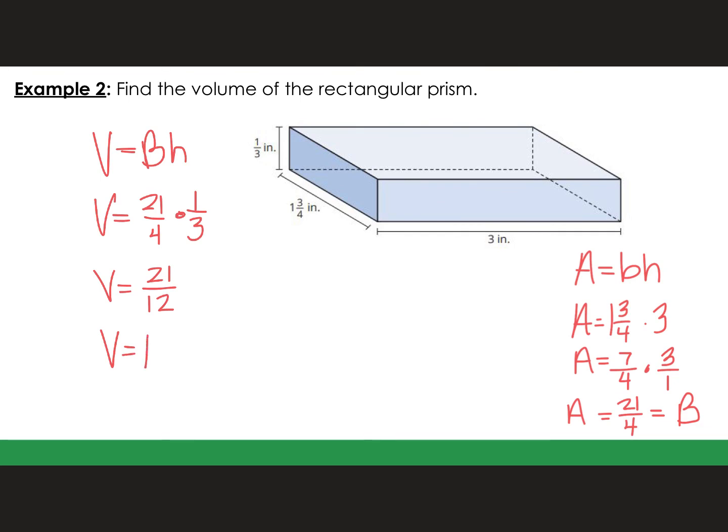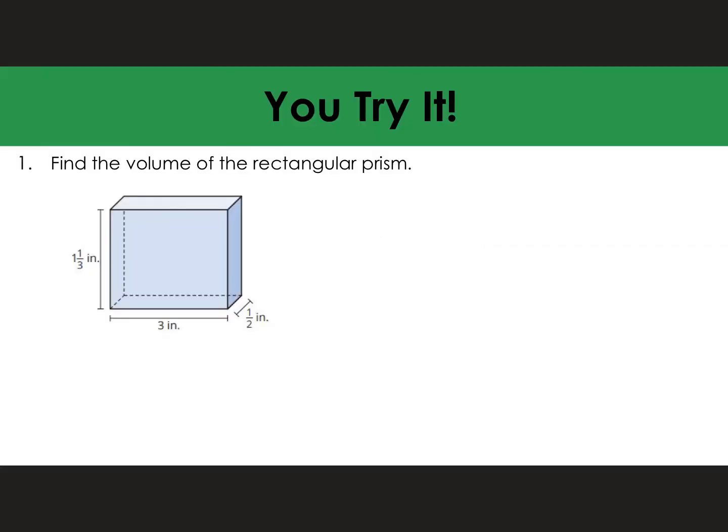So that would be 1 and 9/12. I can reduce that: 1 and 3/4. It's going to be inches to the third power, or inches cubed. You try it. Find the volume of the right rectangular prism.